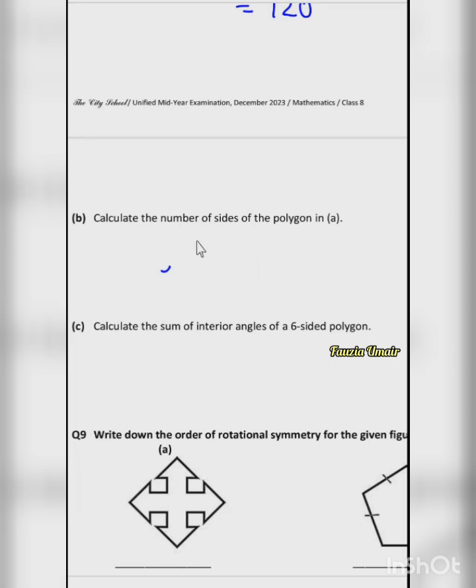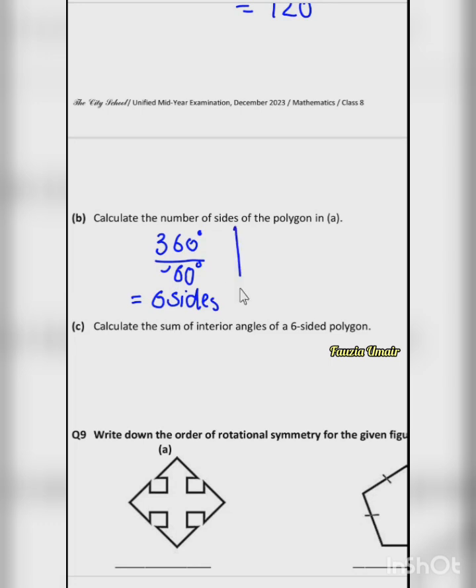The easy method is that I can divide 360 by 60 degrees. Sorry, not 120, 60. So 360 is the total exterior angle. If you divide it by 60, the answer is 6 sides. We can cut the 0 and the answer would be 6.